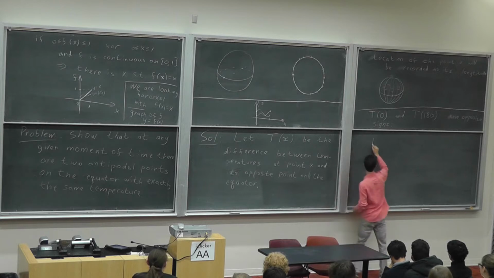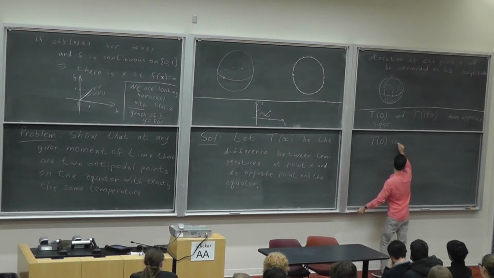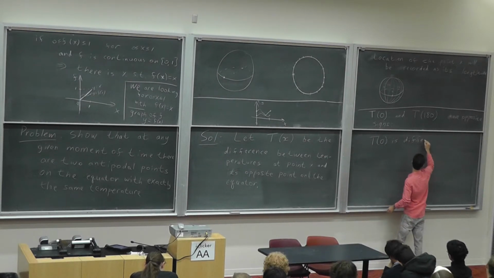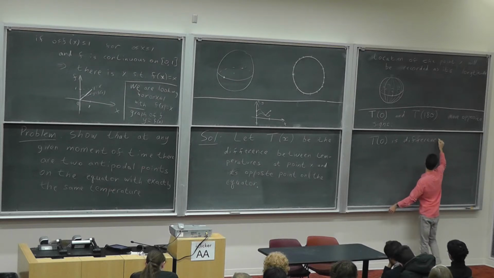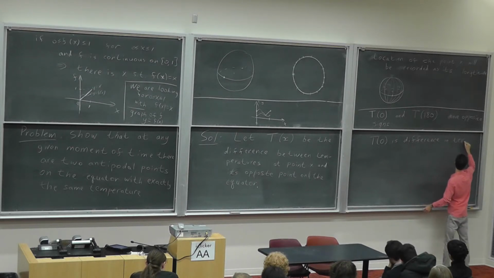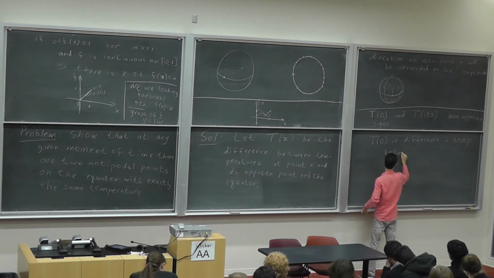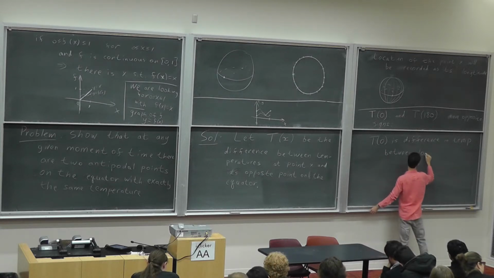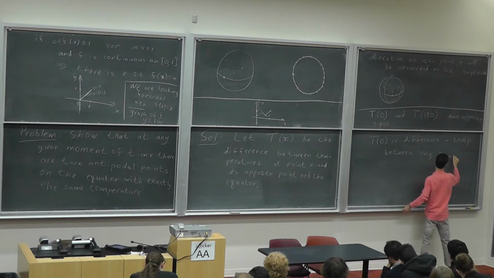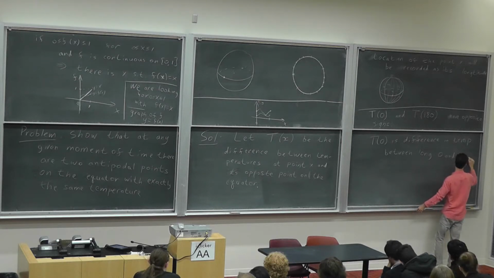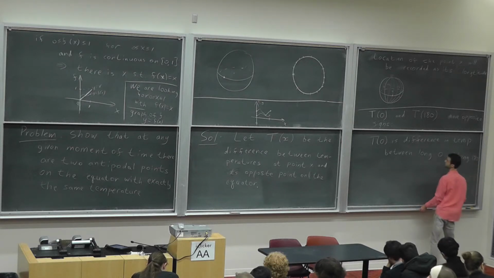So T of 0 is the difference in temperatures between longitude 0 and longitude 180.